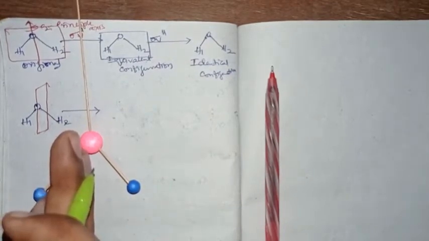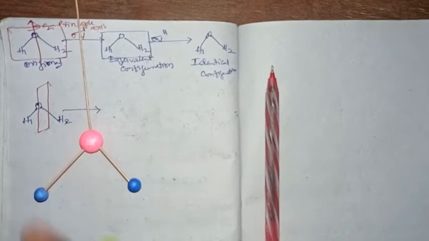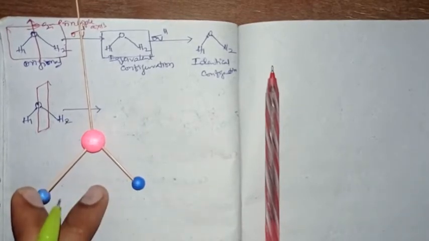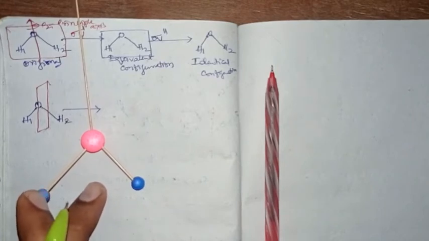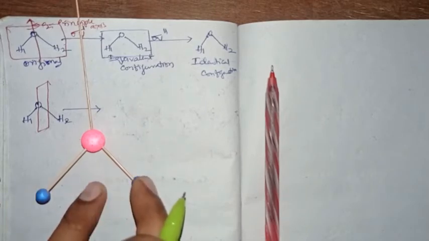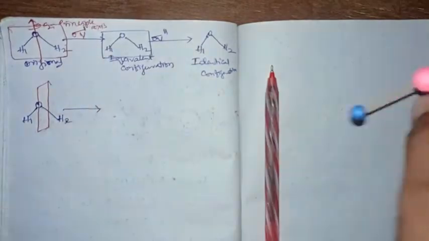The distance from the plane to the left hydrogen and from the plane to the right hydrogen is the same. So when this right hydrogen is reflected, it reaches the opposite side on the left, and the left hydrogen, when reflected, goes to the right, exactly to this particular hydrogen H2.